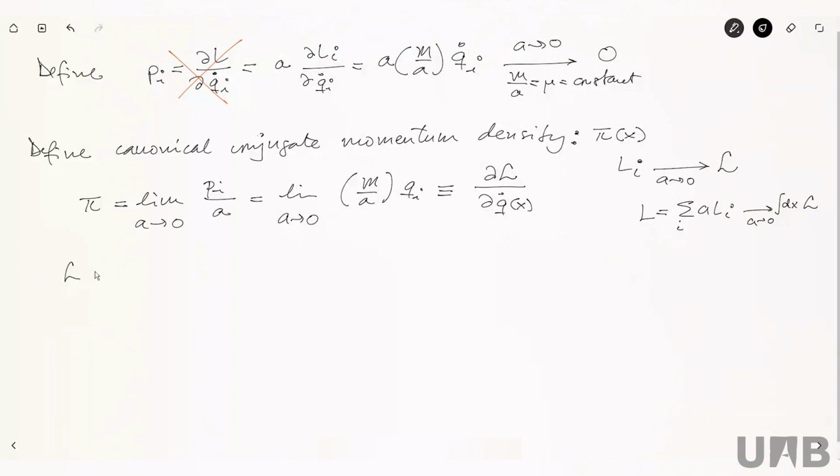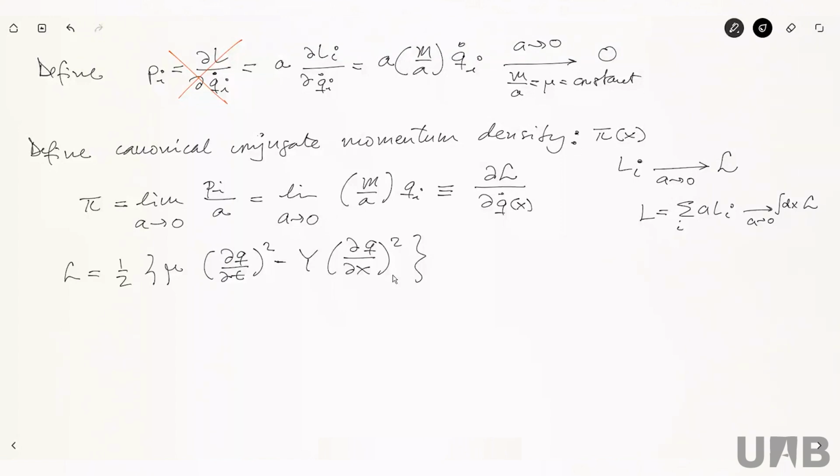And this Lagrangian for this system, remember, it was 1/2 of mu, this mass density, times the derivative of Q with respect to t squared, minus the Young modulus times the derivative of Q with respect to x squared. All right, so this was the Lagrangian density of that system.